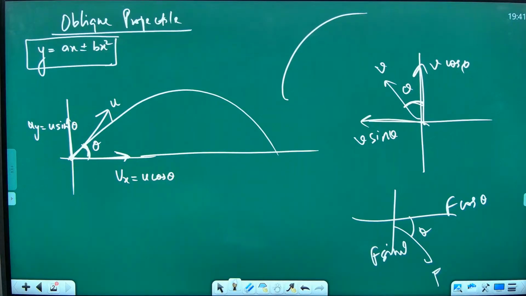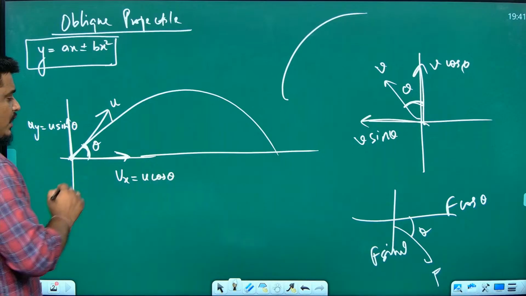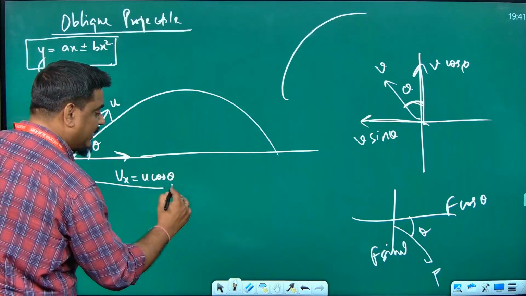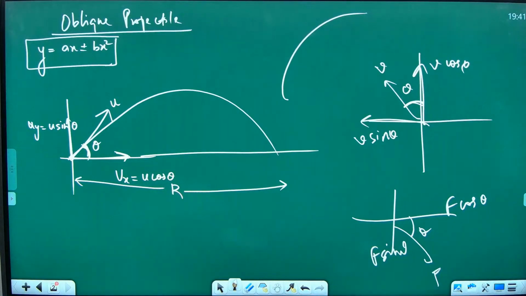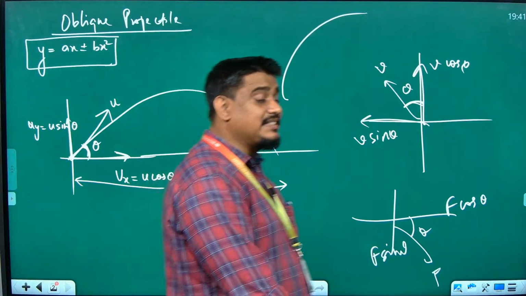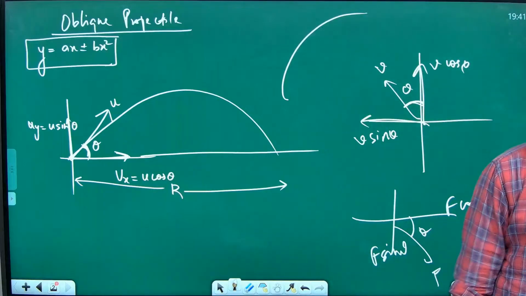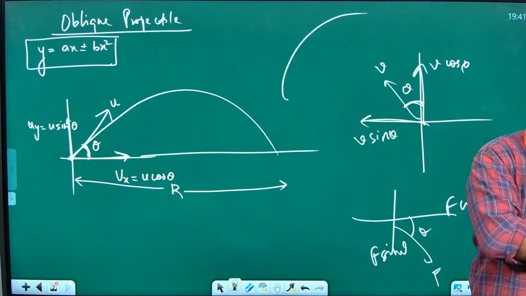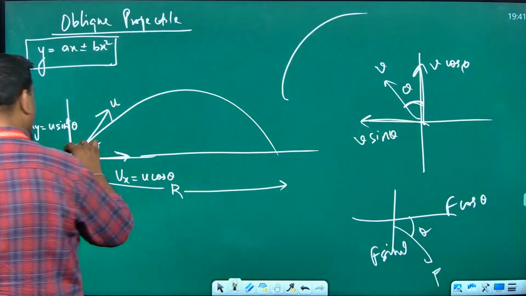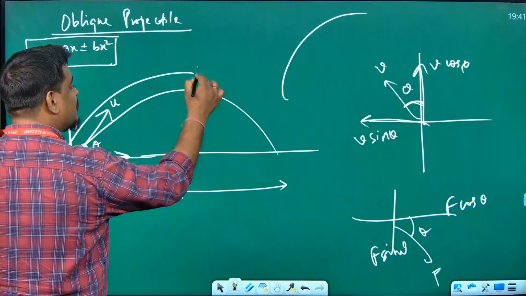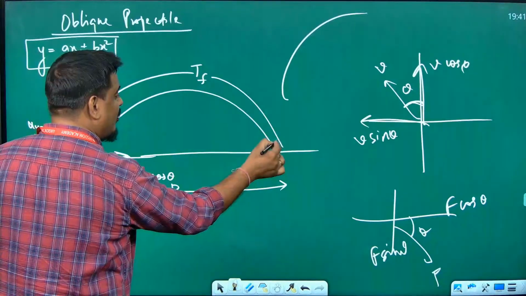And what things are we going to determine? Three things. One is the horizontal range. The maximum horizontal distance covered is called the range. How much time the projectile takes to complete its entire journey is called the time of flight.